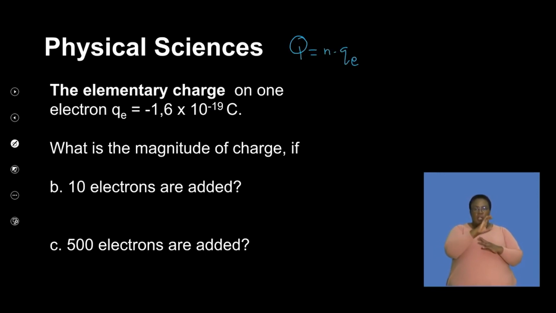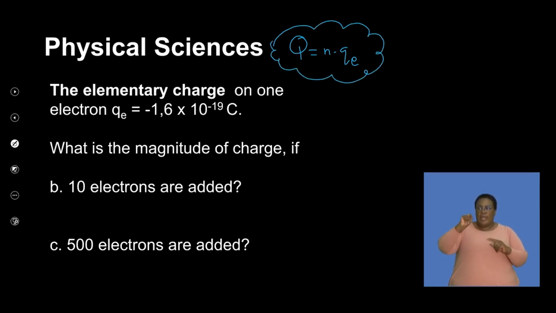Q equals N times e. This is the principle of quantization of charge, that's how we represent it mathematically. Now, the charge is equal to how many electrons were added in this case? 10. So we added 10. It's going to be negative 1.6 times 10 exponent negative 19, that's the elementary charge, which is a constant. It won't change.